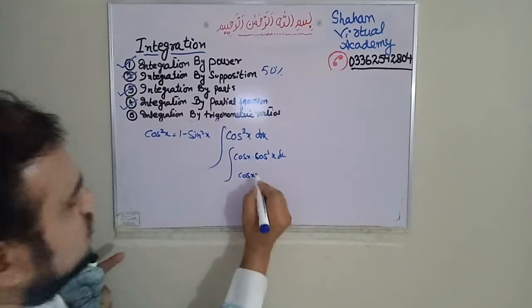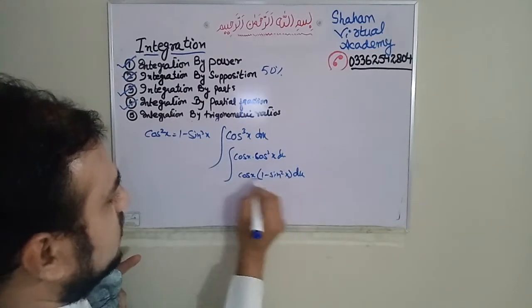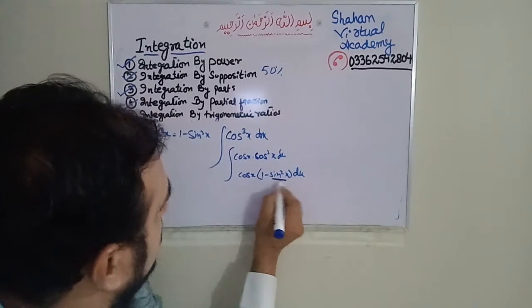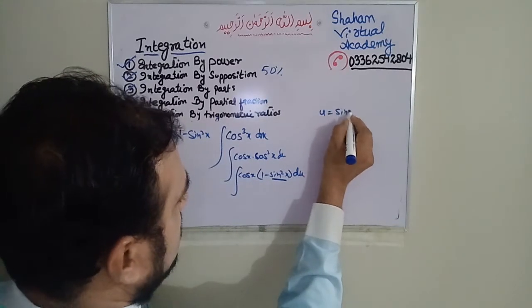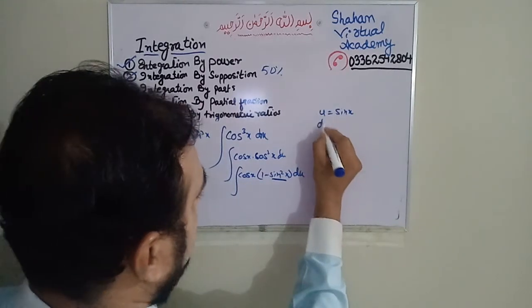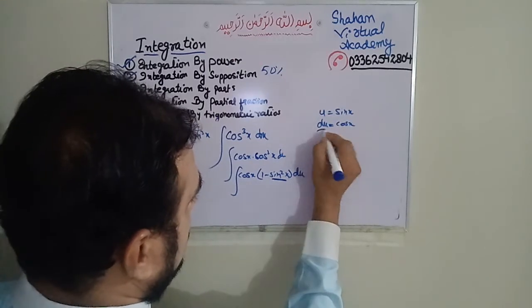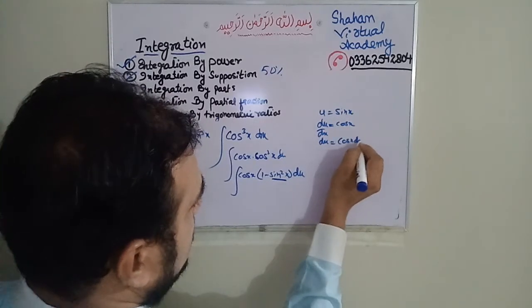Okay, so when you put its value, you just suppose u equals sine x. When you differentiate it, you know the derivative of sine x is cos x. So what will you have? cos x dx.